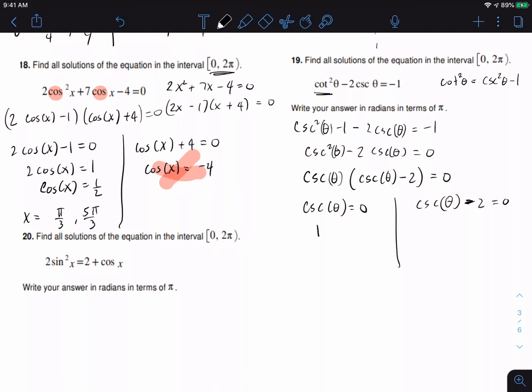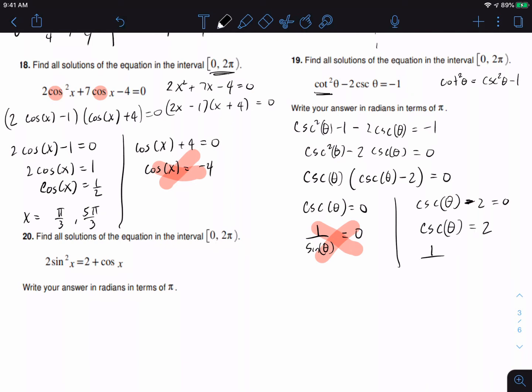Well, this is 1 over sine theta is equal to 0. Can that ever happen? Will that ever be 0? The answer here is never. That cannot happen, because since we only have sine in the denominator, it's impossible for us to get 0, because that would make this thing undefined in the denominator. Now on the other side, we're getting cosecant theta is equal to 2.